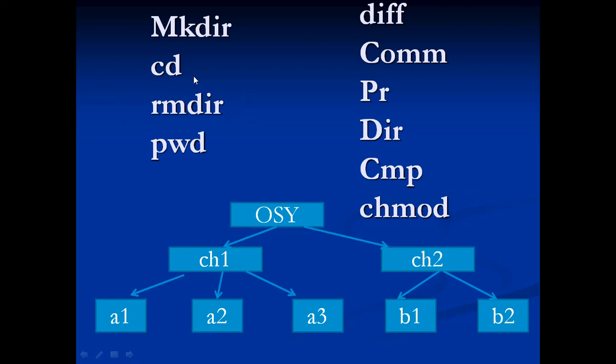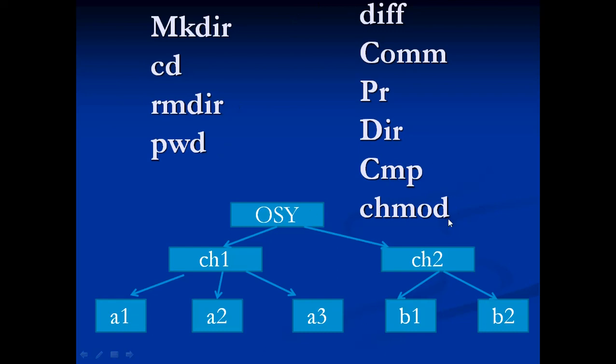It is not used to delete a directory which has any content. And fourth one is pwd, that is present working directory. The output of this command will show the current directory in which you are working.